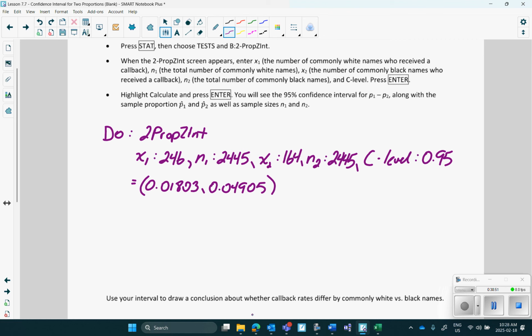Like, what did we get when we got 0.01586? Here we got 0.01803. Very, very close. Same with the second. And then finally, the conclude.